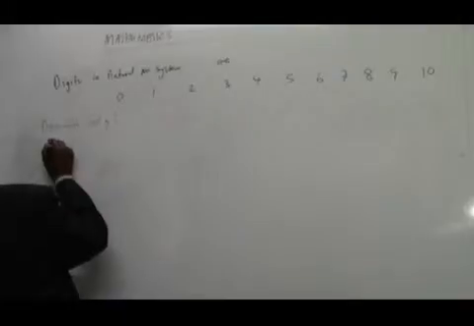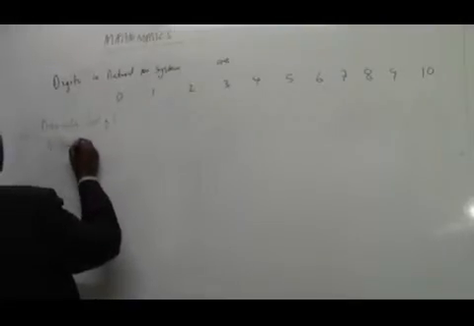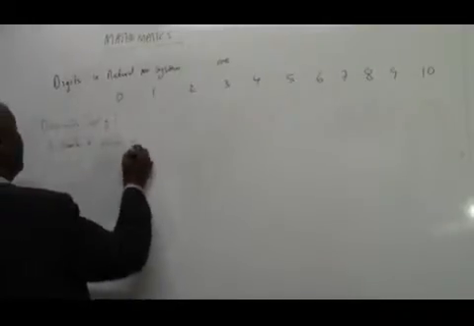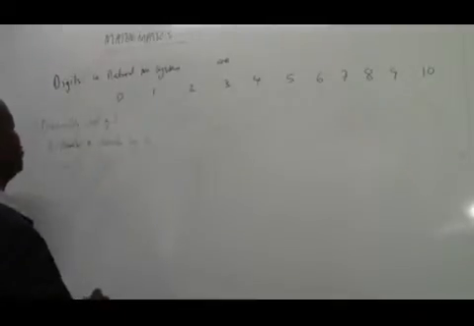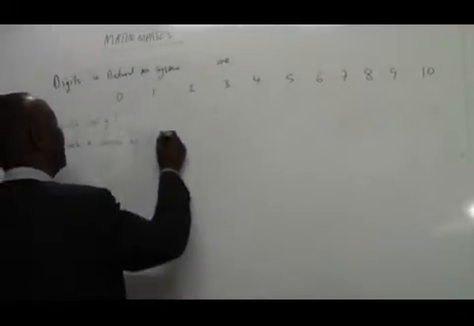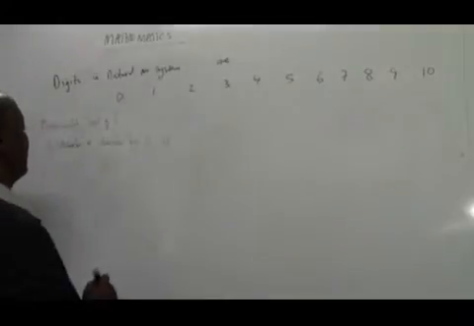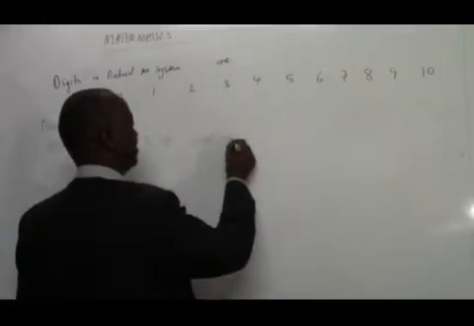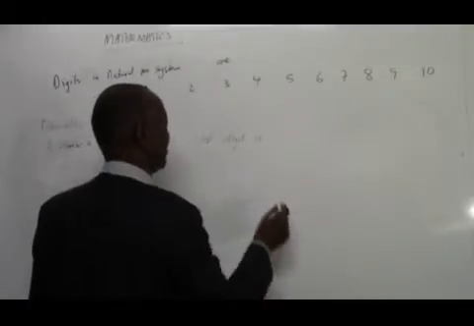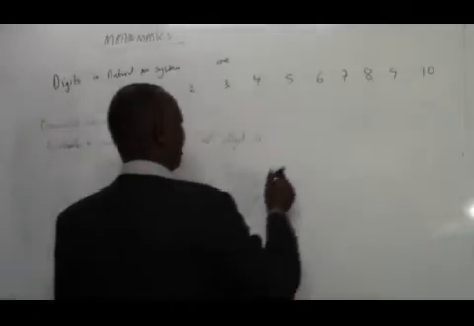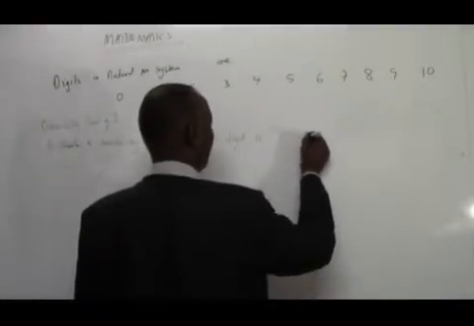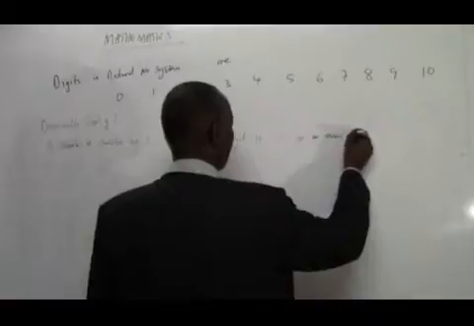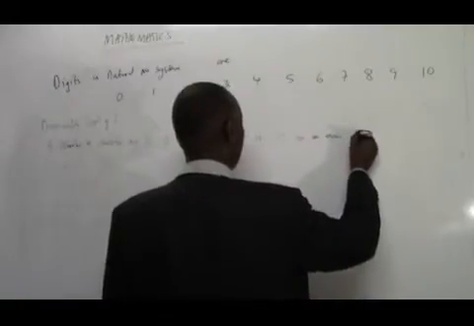Here we find that a number is divisible by 2 if the last digit is 0 or an even digit.